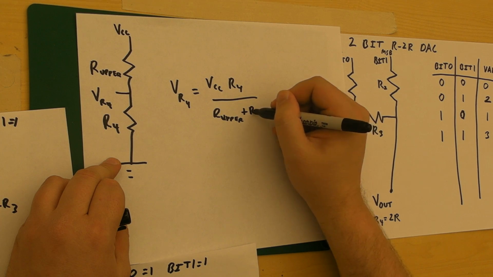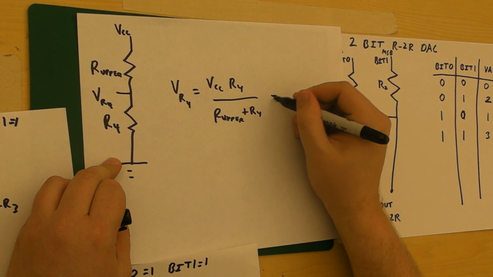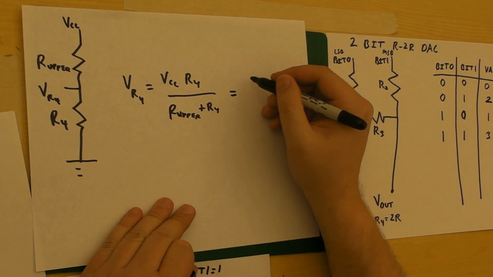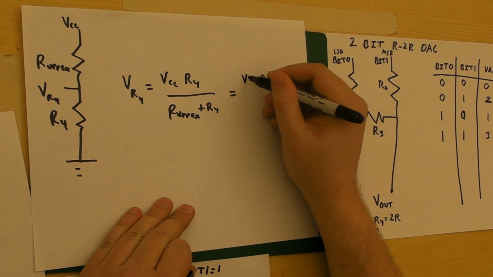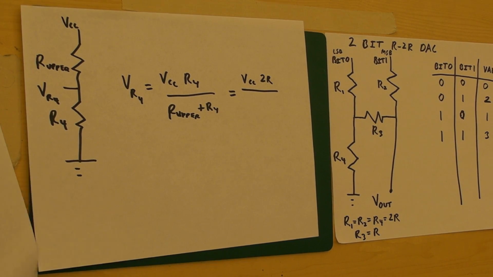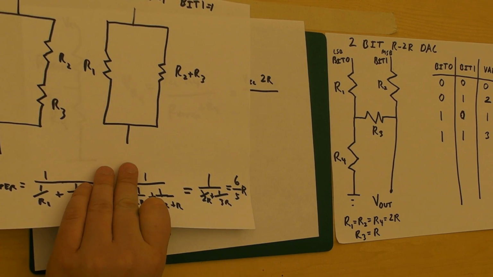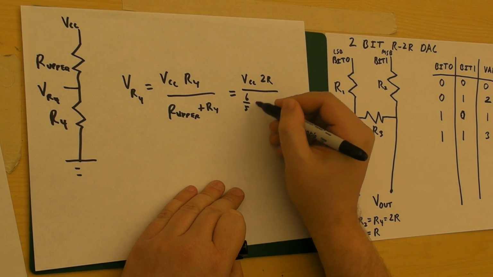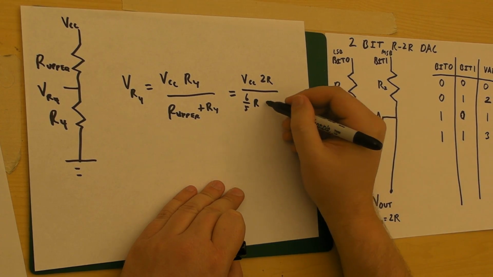plus R4, which is equal to, R4 it was 2R over, R upper we calculated as 6/5 R. Again, R4 is 2R.